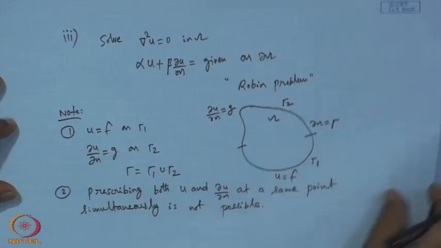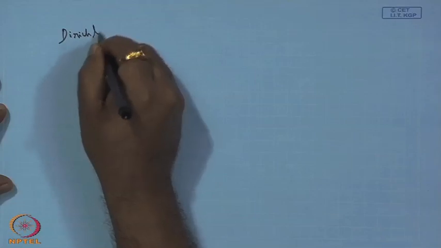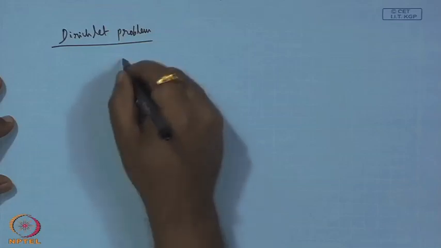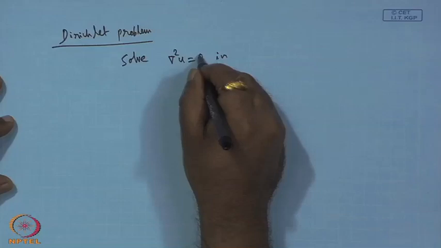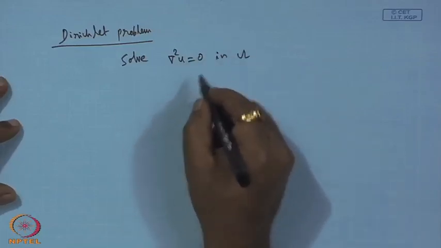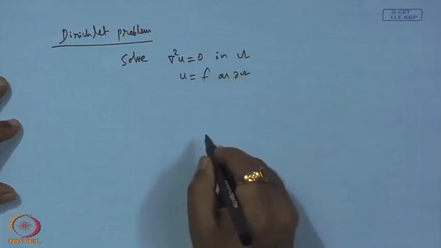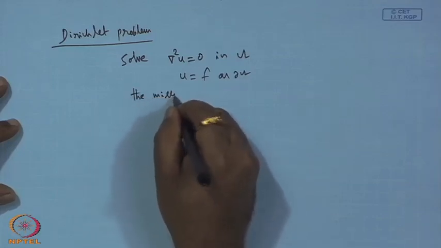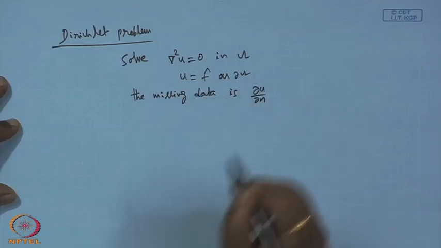With respect to the Dirichlet problem, you have to solve del square u equals 0 in omega, with say u equals f on the boundary. Then the missing data is dou u dou n.